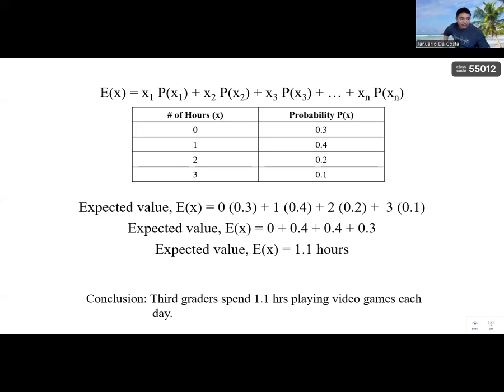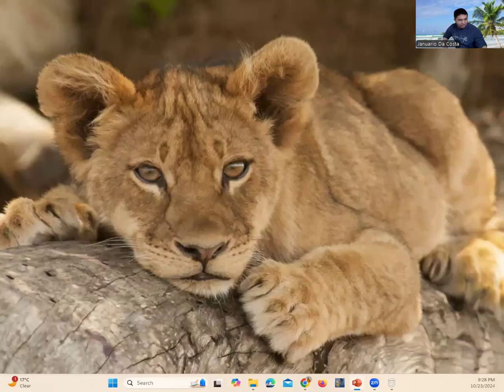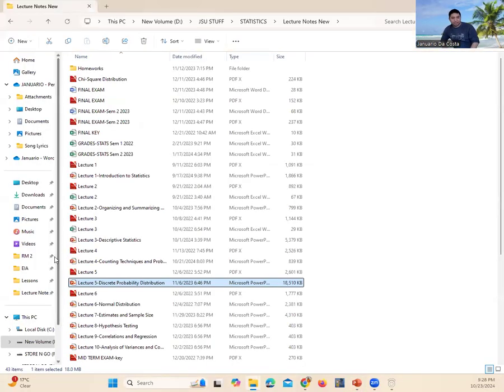I think I have a very good example that illustrates the practicability of this. Let me check this example. I have it somewhere.